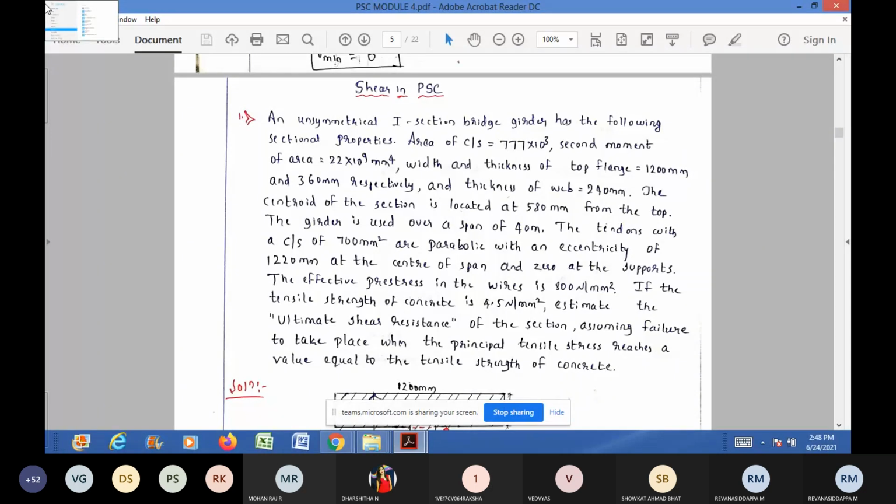There I have written 1. Take 2 to 3 minutes to write the problem.